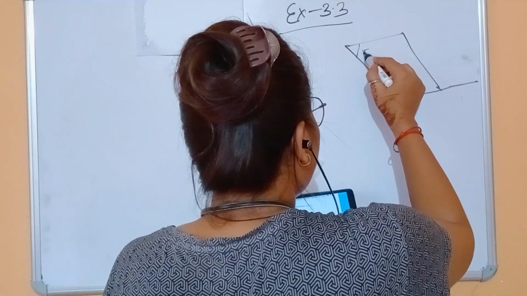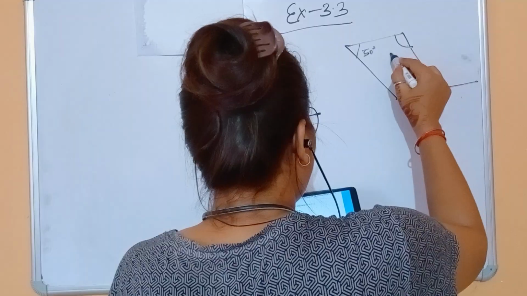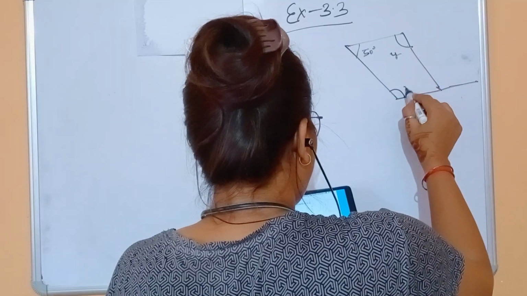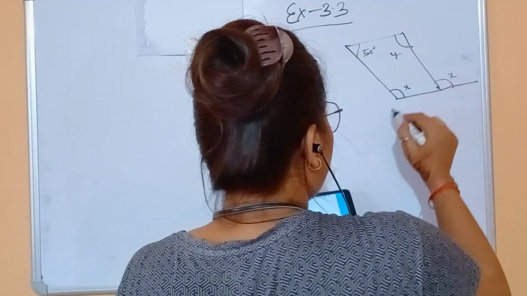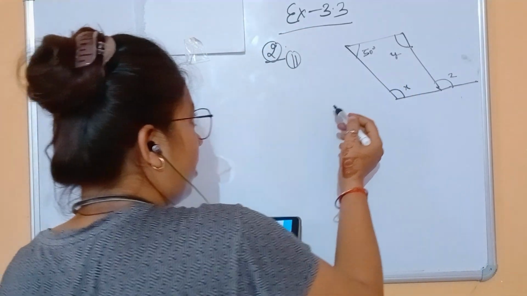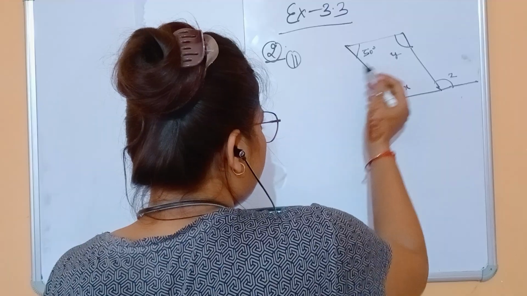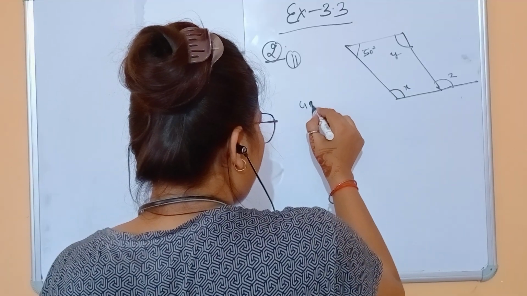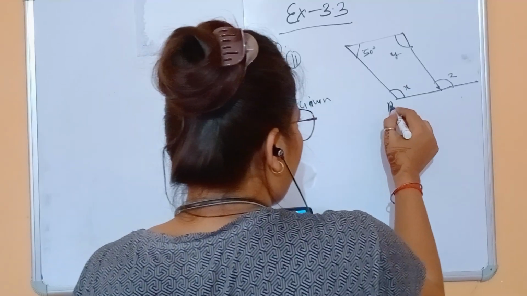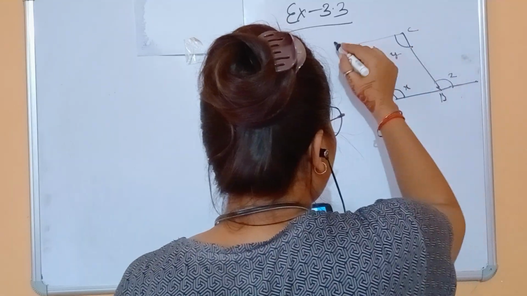Here written 50 degree, y, x, z. Okay. So here only one figure. You can name it also, but understand like this. If you give names, then you easily understand.